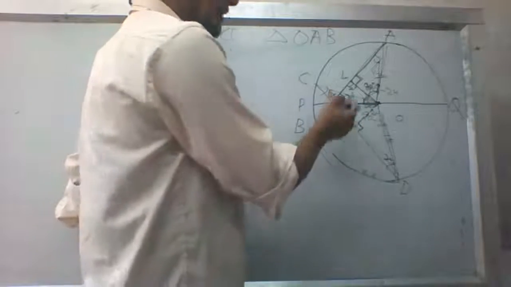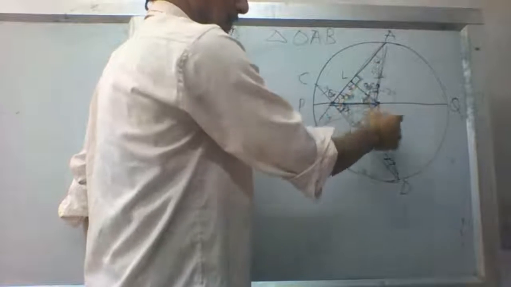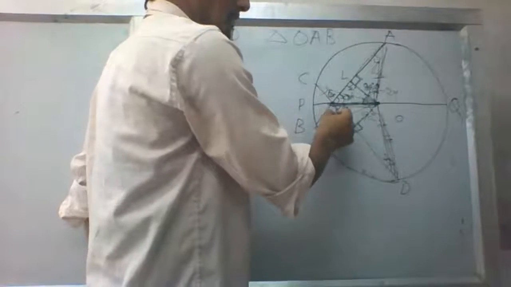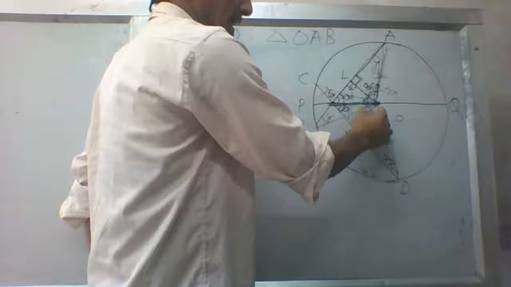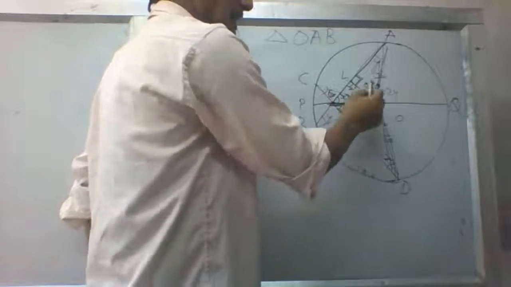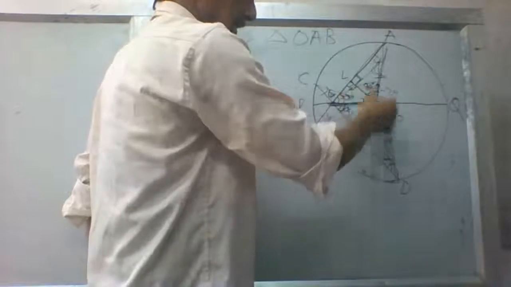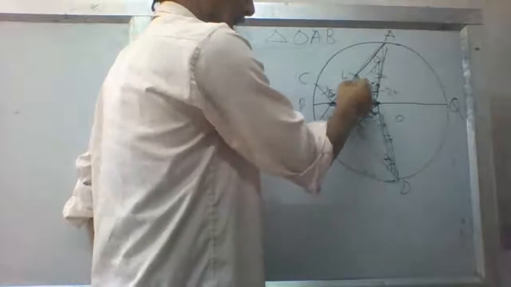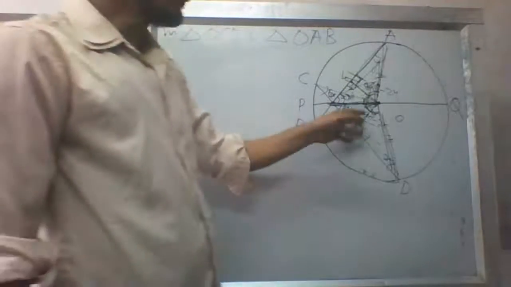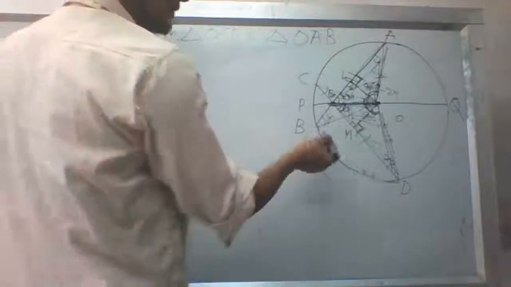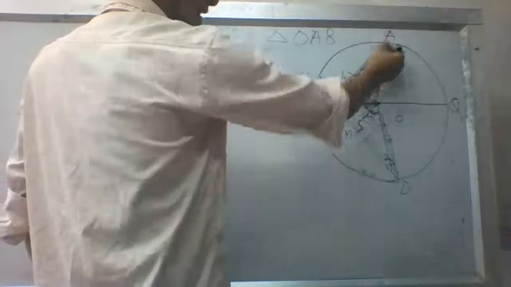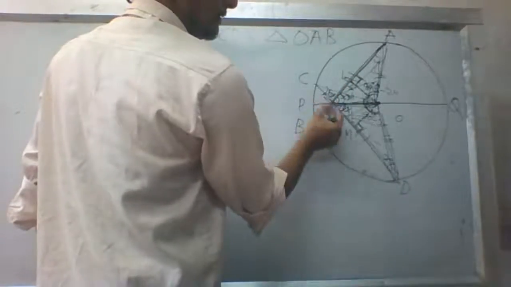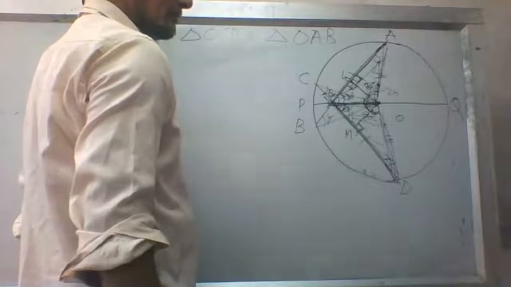This side is equal to this side, this is the common, and this angle is equal to this angle. By the side angle side property, this triangle is equal to this triangle, and this side is equal to this side too. If this side is equal to this side, it means the remaining sides are also equal, meaning AE is equal to DE. By this kite-like structure you have seen.